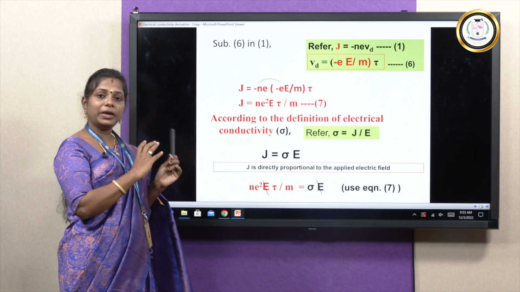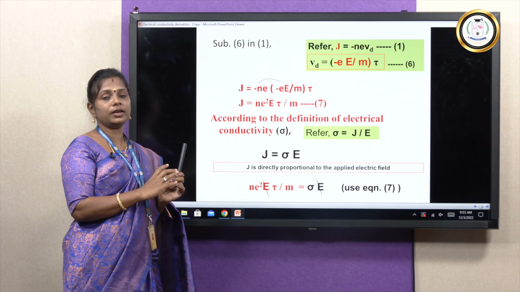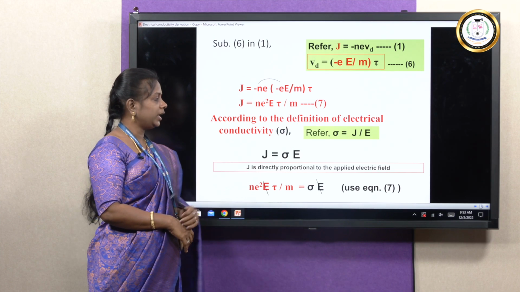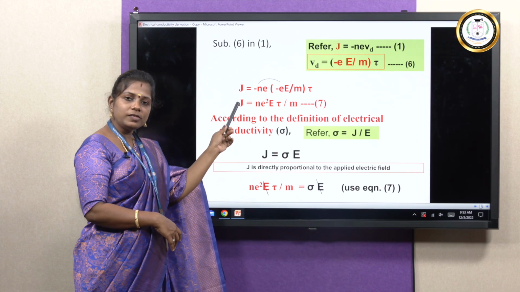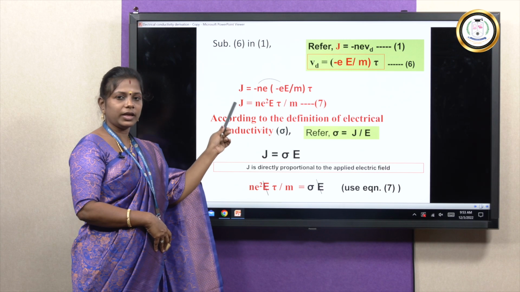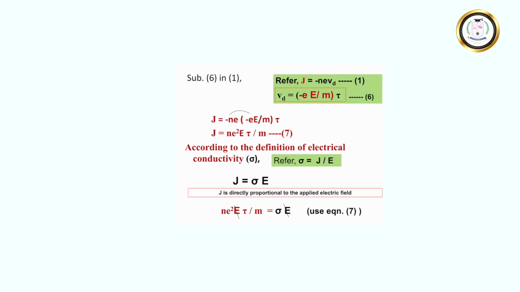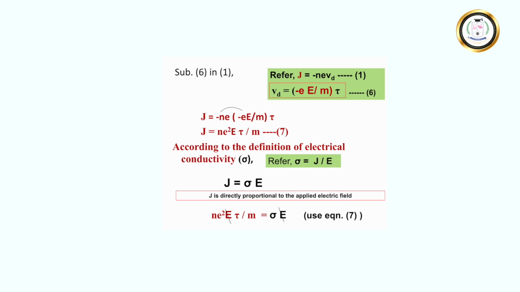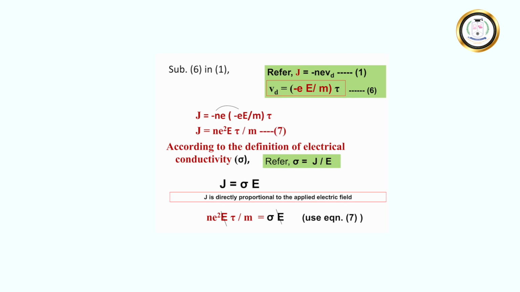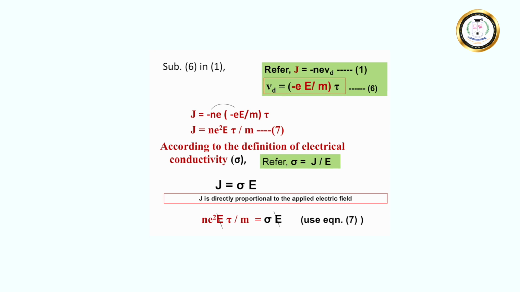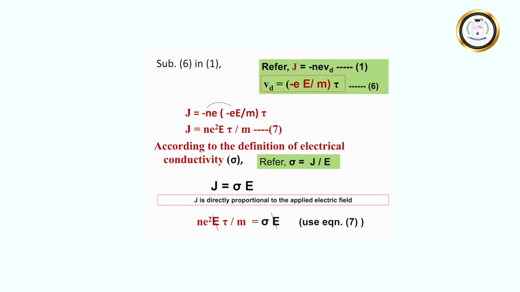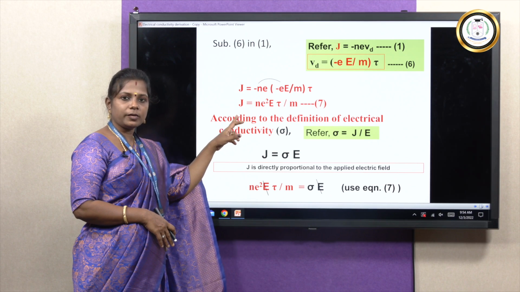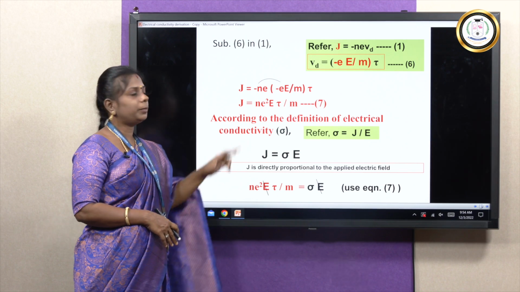According to the basic definition, initially we discussed that electrical conductivity is equal to J by E. Now, in equation 7, we derived J, the current density. From the basic definition sigma is J by E, we can rewrite it as J is equal to sigma E. From equation 7, J is equal to N e square capital E tau by m.